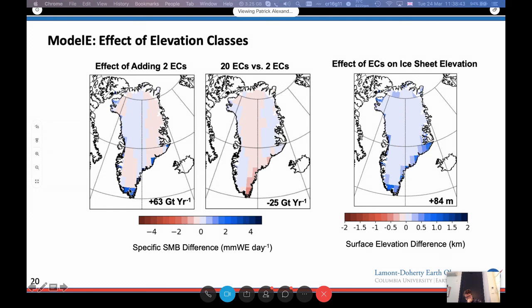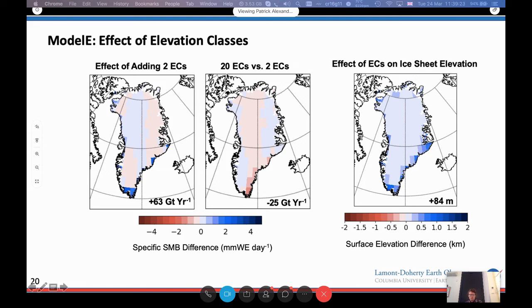And so when we add 2 elevation classes, the ice elevation increases, and now we're actually simulating a more correct ice elevation in the grid box. And so in those areas along the coast, the elevation increases and we get much less runoff and melt because temperatures are colder, and so our surface mass balance increases.